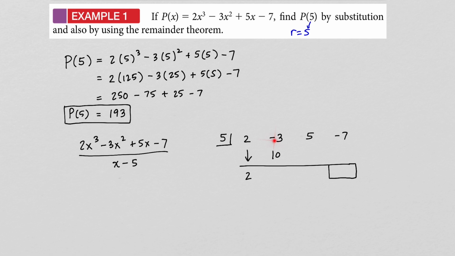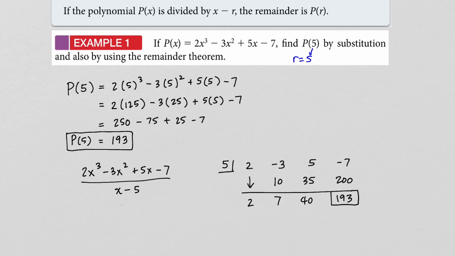And then we have negative 3 plus 10, which is positive 7. And now 5 times 7 is 35. And 5 plus 35 is 40. And then we have 5 times 40, which is 200. And negative 7 plus 200 is 193.